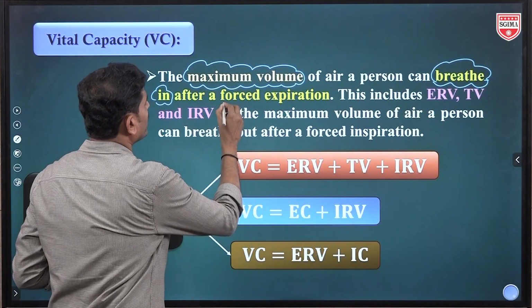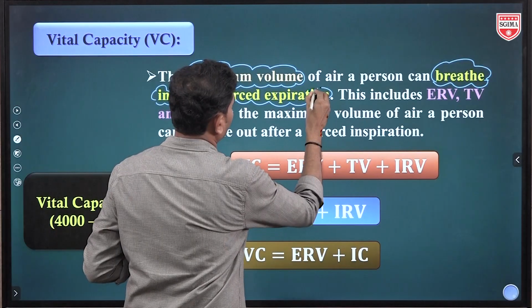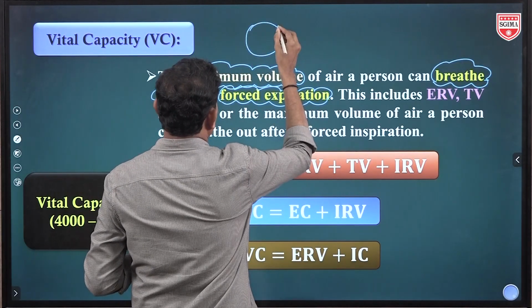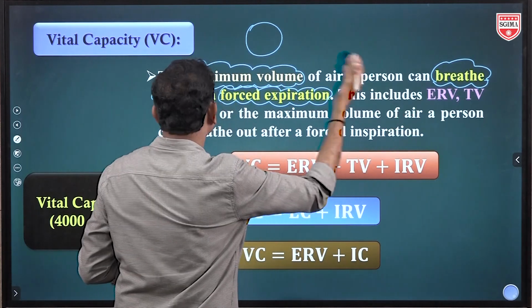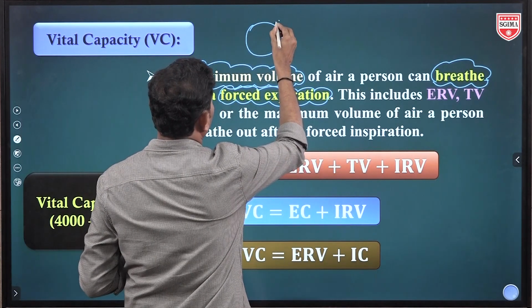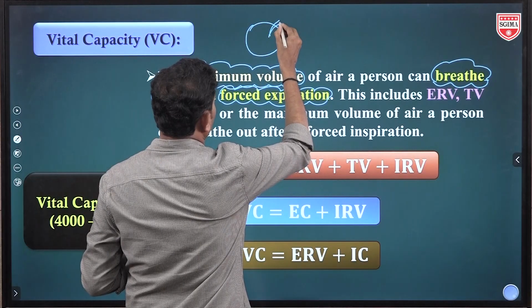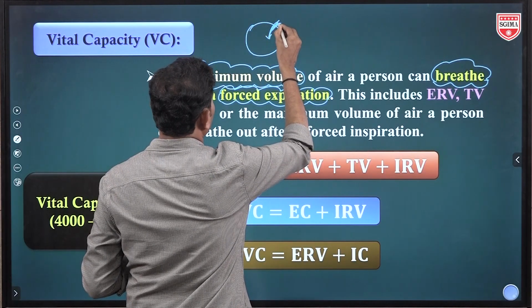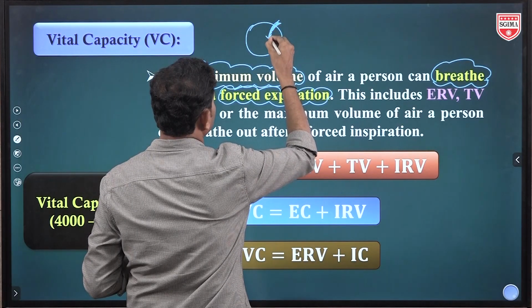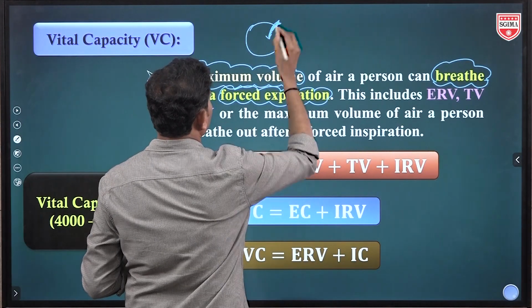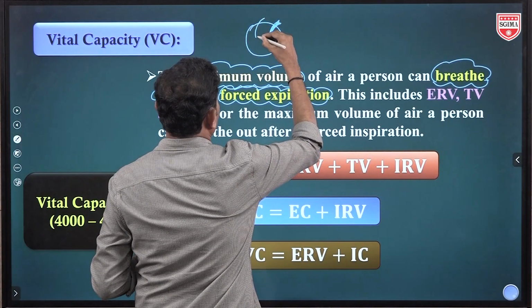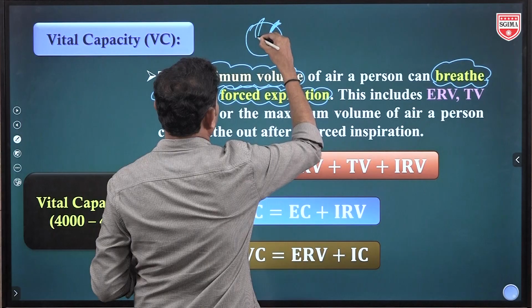After a forced expiration. After a forced expiration, this is a person. What is he doing? Breathing in after forced expiration. So here maximum volume means we have to consider which one? Forceful process only.